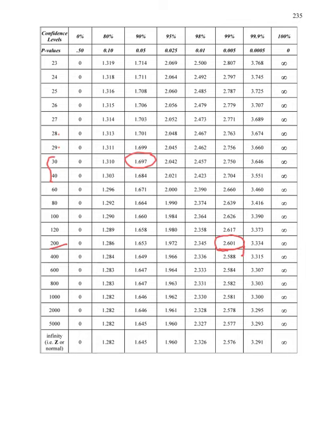So notice, for example, at 95%, our old favorite, 1.96. Well, at 5,000 degrees of freedom, it's so close to the normal that it is 1.960. At 2,000, it's 1.961, 62, 63.